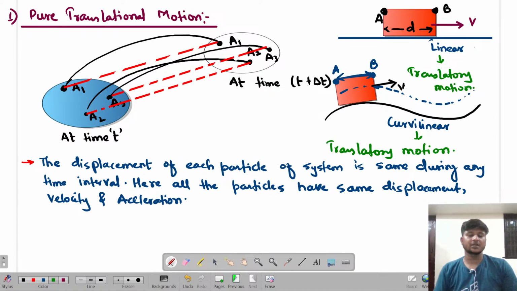Many people think that curvilinear motion is rotational motion. No, curvilinear motion is perfectly translational motion. Why? Because the distance between the particles is not changing. Is that clear? Confirm. Can I move ahead?